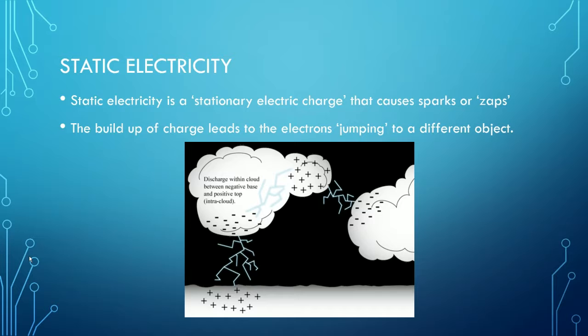And if it gets to be enough electrons in the cloud, then a zap of lightning will actually happen between the cloud and the ground, the positive or the neutral ground. So that's how that happens.